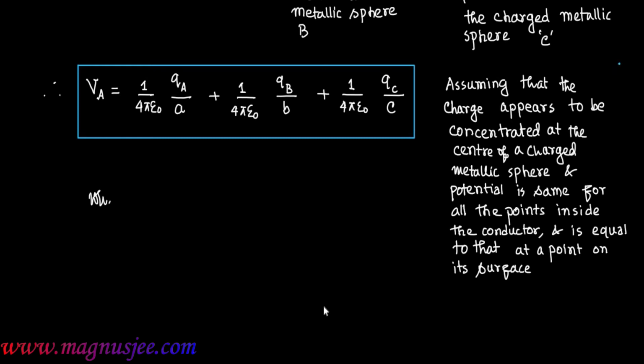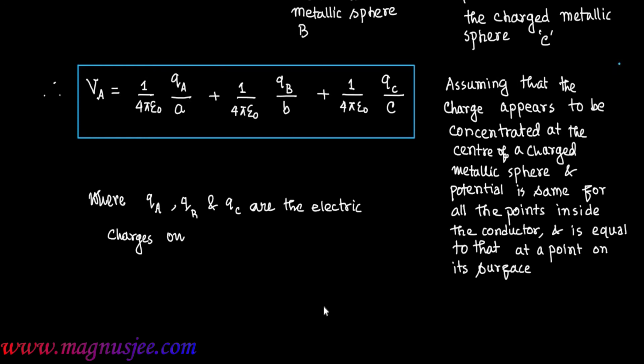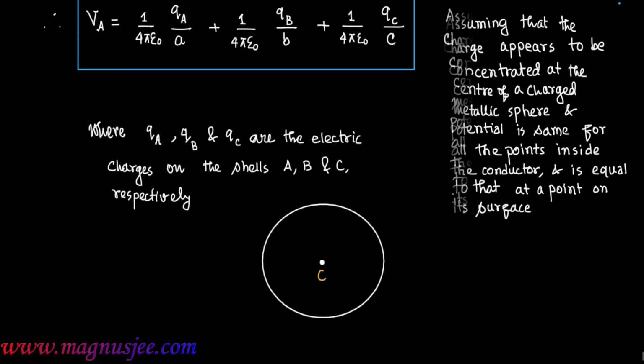Therefore VA equals 1 by 4 pi epsilon 0 times QA by a plus QB by b plus QC by c, where QA, QB and QC are the electric charges uniformly distributed over the surface of the metallic shells A, B and C respectively.